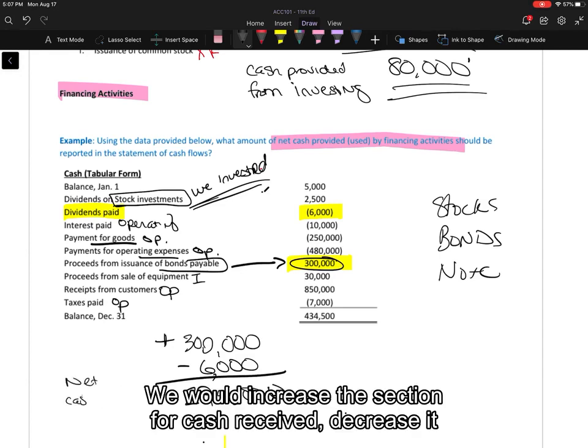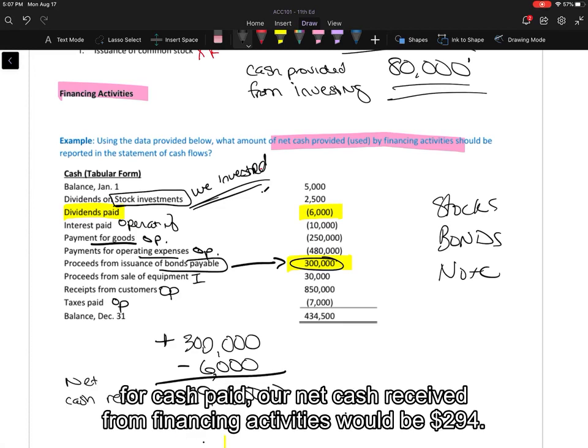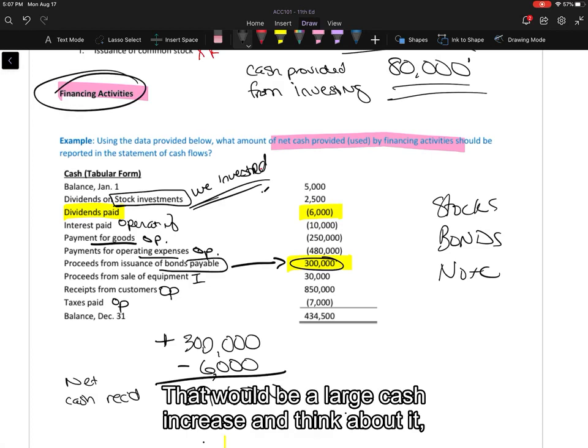So we would increase this section for cash received, decrease it for cash paid. Our net cash received from financing activities would be $294. So that would be a large cash increase.